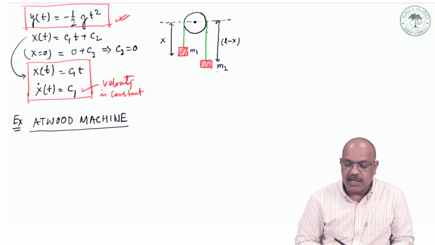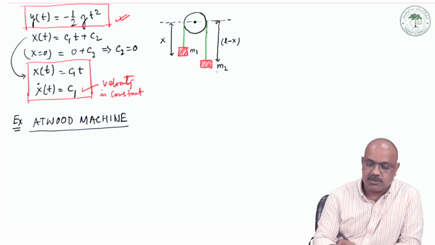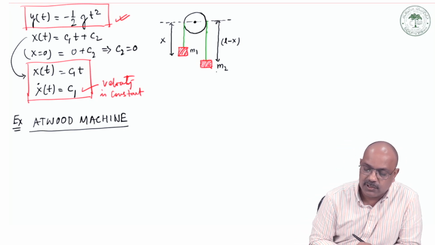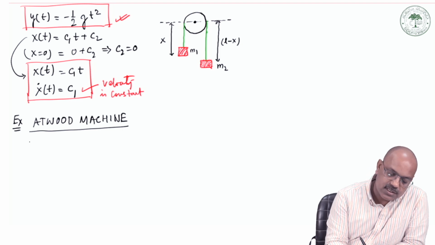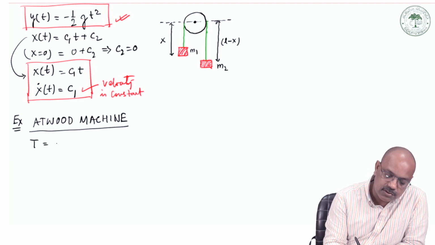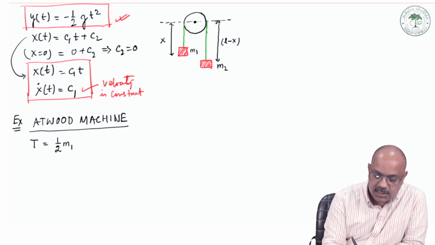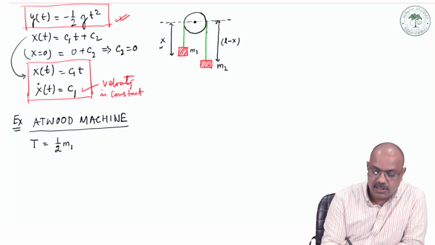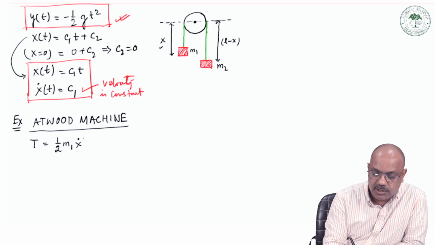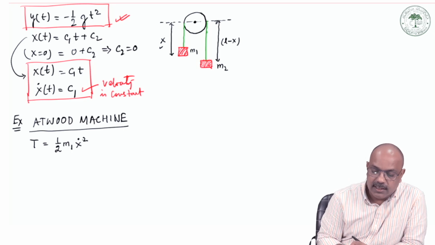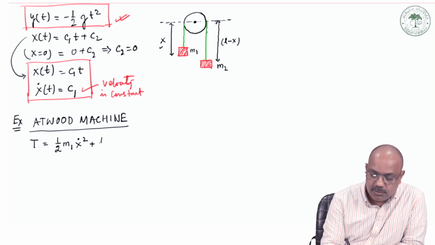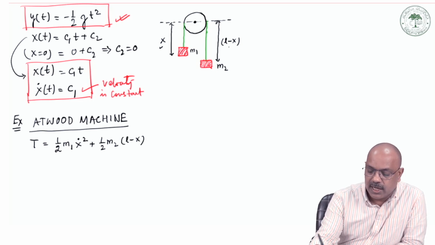So if I have to write the Lagrangian for this system, this Atwood machine, the kinetic energy is going to be half m1 for this mass, whose coordinate is x, so x dot square, and then for mass m2, whose coordinate is L minus x, this square.